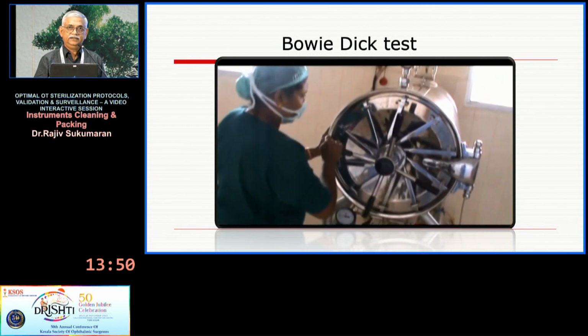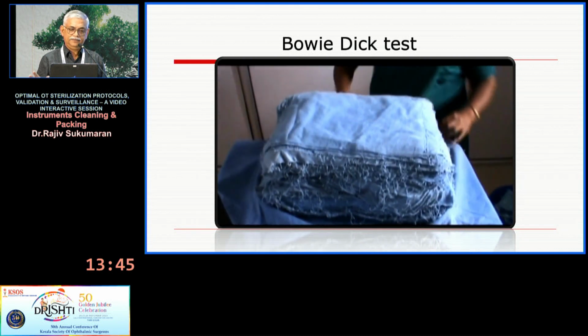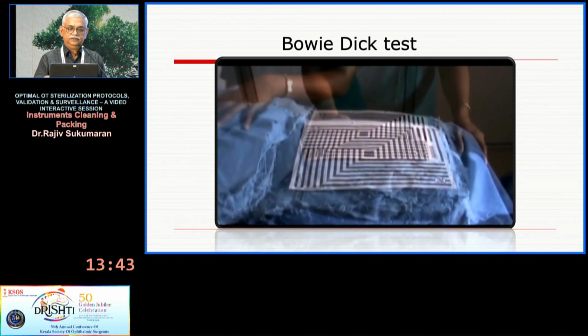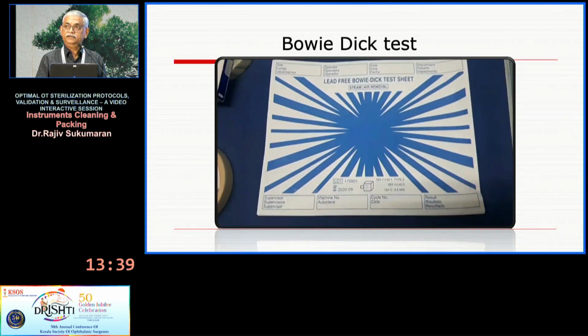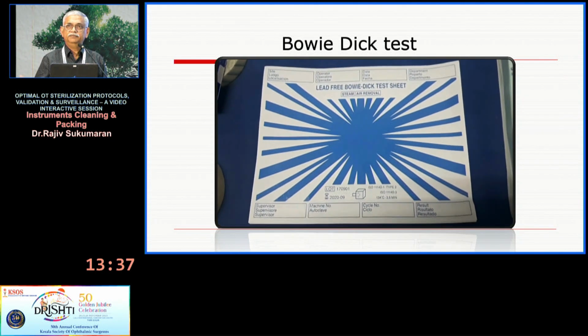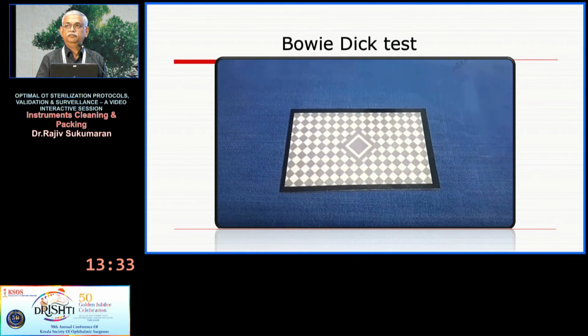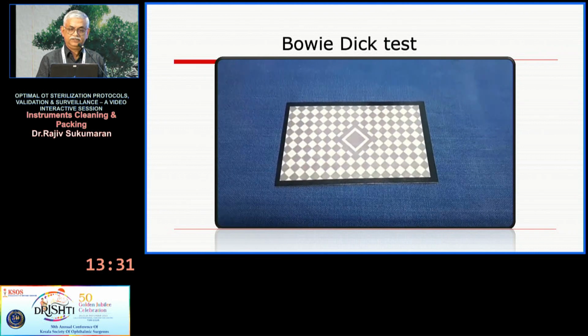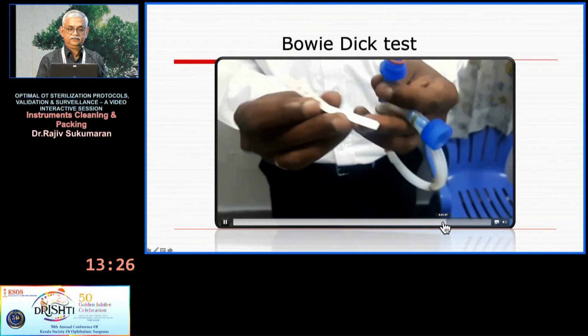It is usually done immediately before the sterilization happens. And the color change should be uniform like this and documented to prove that your autoclave machine is working. And these are the different models and designs which are available commercially.